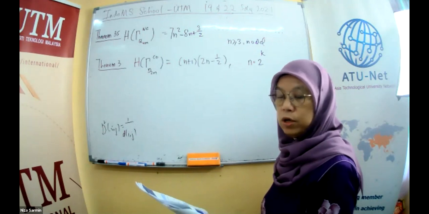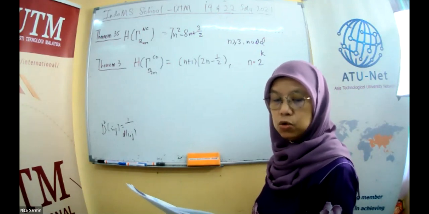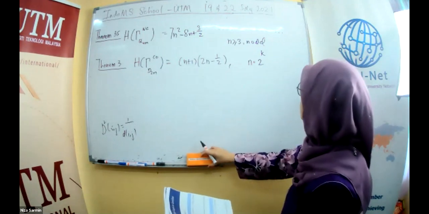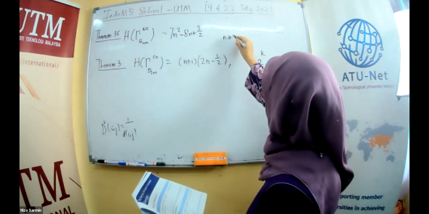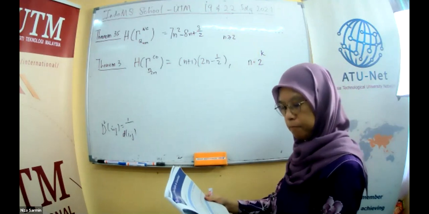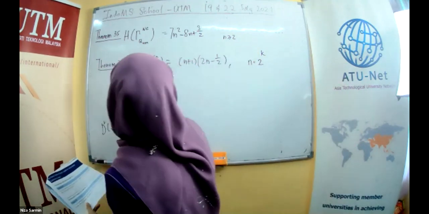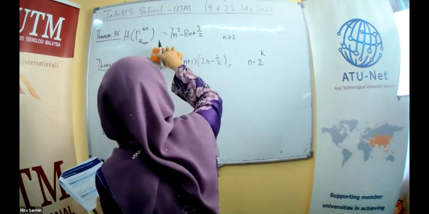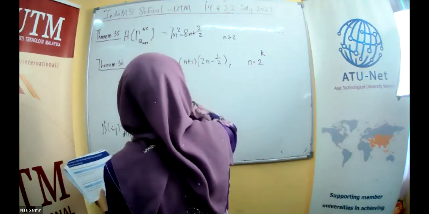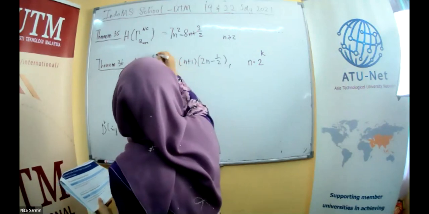Okay, this is for order n bigger or equal to 2. All right. Now theorem 36. This is for the conjugacy class graph of the generalized quaternion.